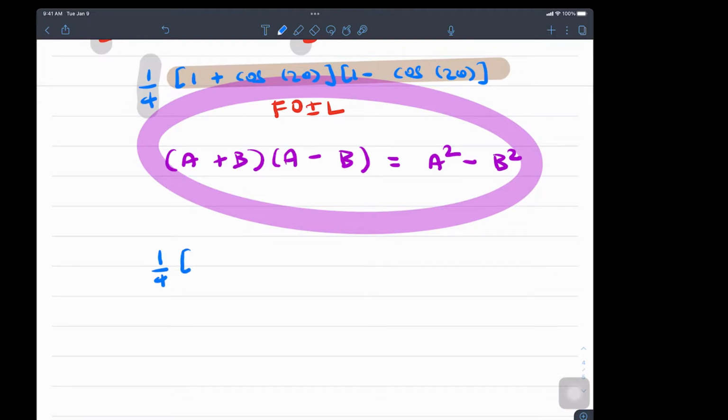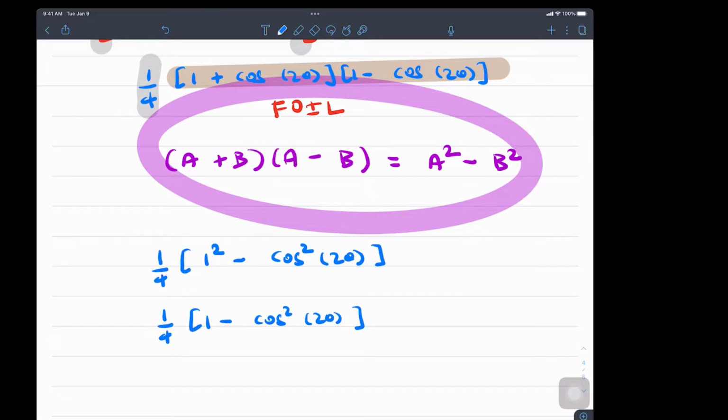Now what is this going to be? 1 squared minus cosine squared double theta, because that's the same exact term in FOIL. Okay, you guys okay with that? Why did I write that down again? Oh, sorry. I know why I wrote this down, because I know what 1 squared is. What's 1 squared? And this is just simply cosine squared double theta.